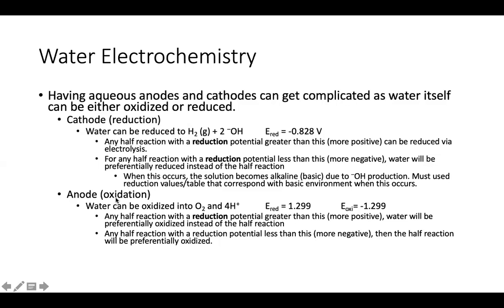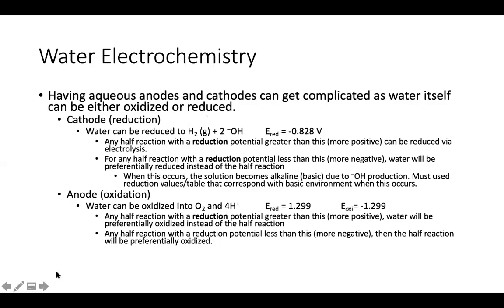I do apologize. However, your table of values is in terms of reduction potential, and so it would be in terms of oxygen and protons. Again, electrochemistry in water gets complicated because water can be oxidized or reduced.